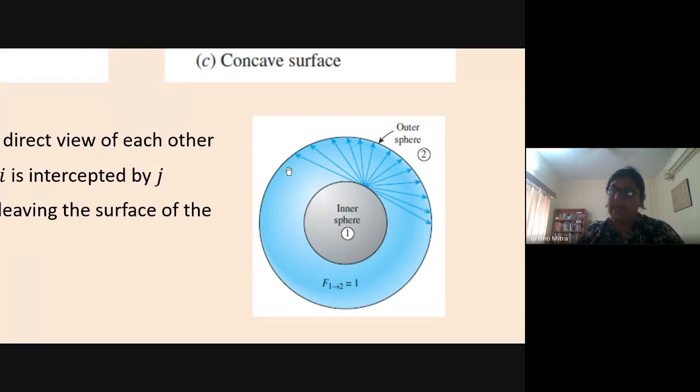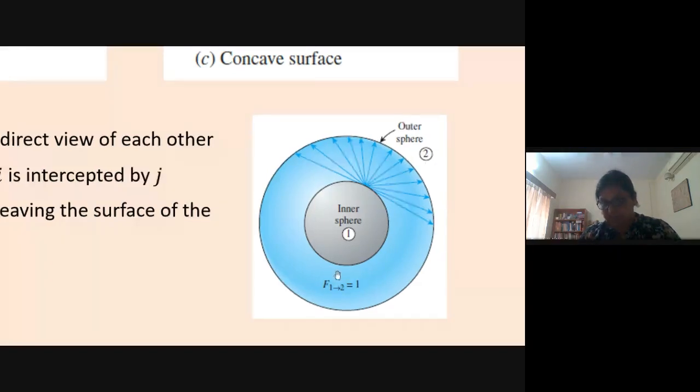It will fall on the outer sphere, and there is nowhere else to go. Because there are no holes out here, nothing can escape. So whatever comes out of the inner sphere essentially falls on the outer sphere. That is why we can say that F12, that means coming out from 1 and falling on 2, is equal to 1, because there is no other possibility.